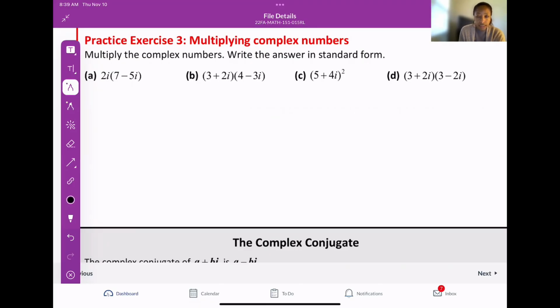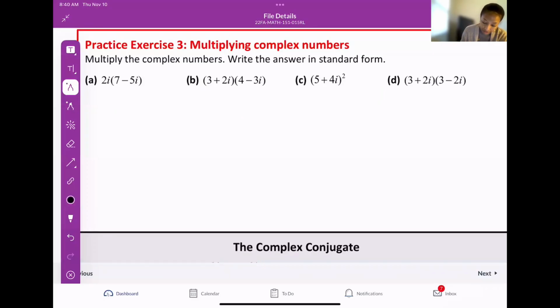Then we have 2 complex numbers being multiplied. Then we have a complex number squared. Then again, 2 complex numbers being multiplied, but if you look at them, one is 3 plus 2i, the other one is 3 minus 2i. Before, when we had something like this, we called those conjugates. This is a complex conjugate. We'll define that next though.